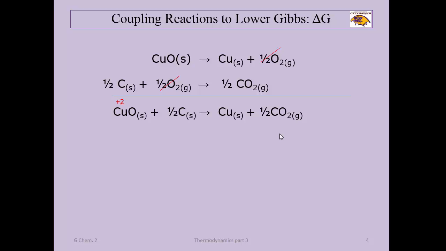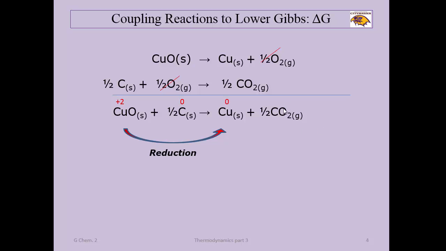Now, if you look at this from a redox perspective, you can do the oxidation numbers on copper connected to a -2 oxygen. This must be a +2 copper, copper 2. Go over to the other side, the copper is now 0. So this must have gained electrons. That's reduction. And by the same token, if you look at the carbon, the fundamental element, starting off its oxidation number is 0.